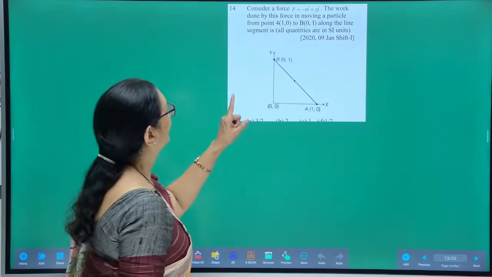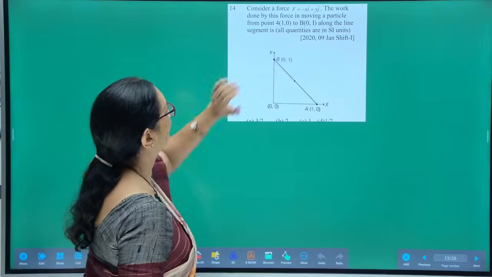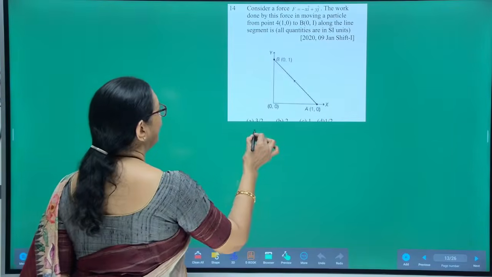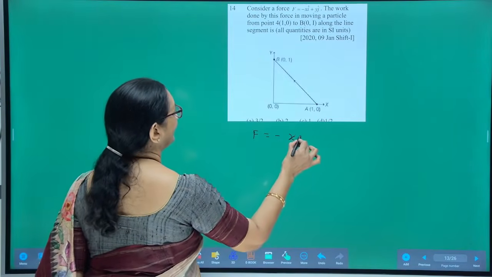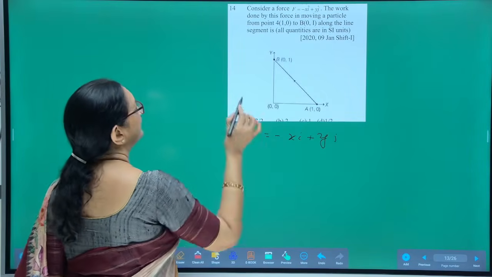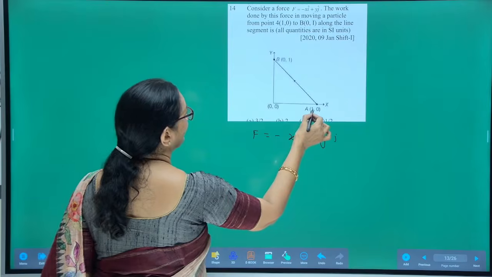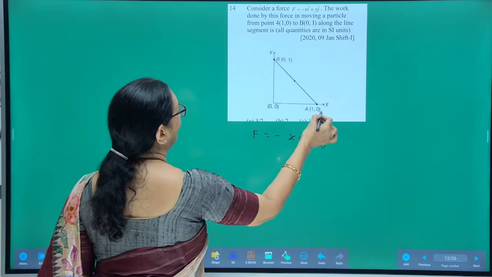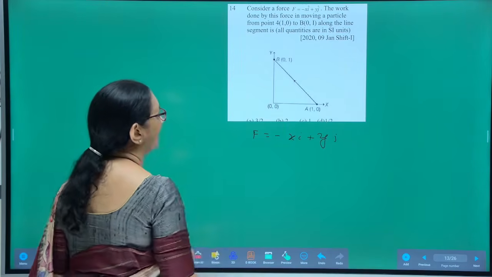Look here, consider a force F is equal to minus x i plus y j. Work done by this force in moving the particle from A (1, 0) to B (0, 1).